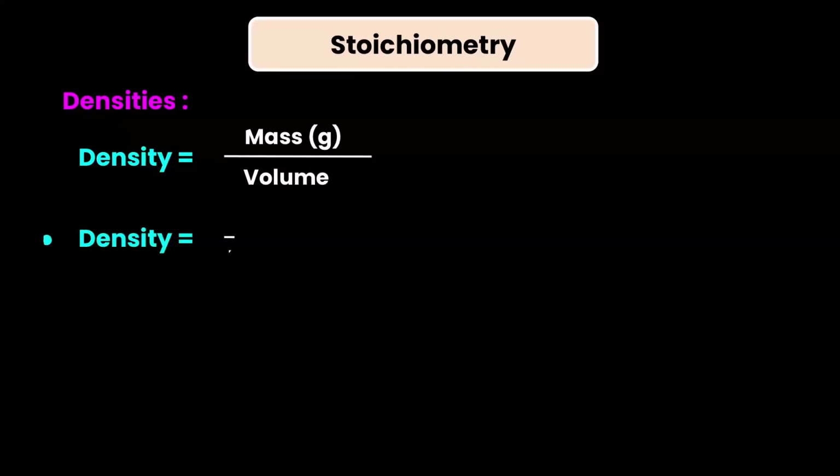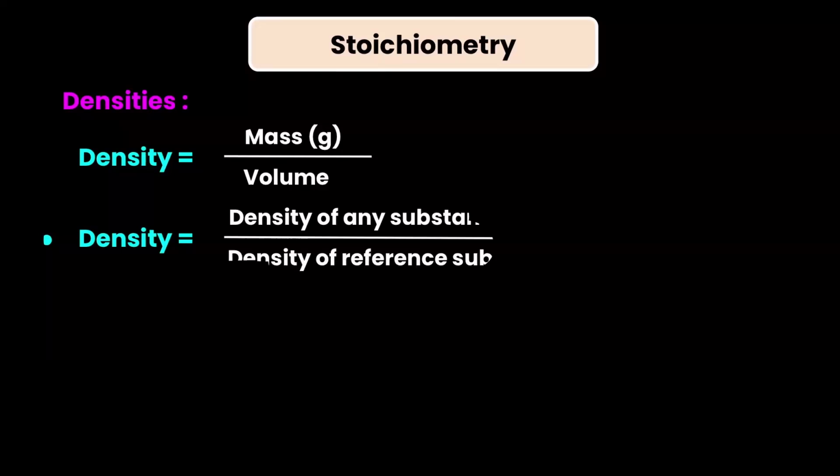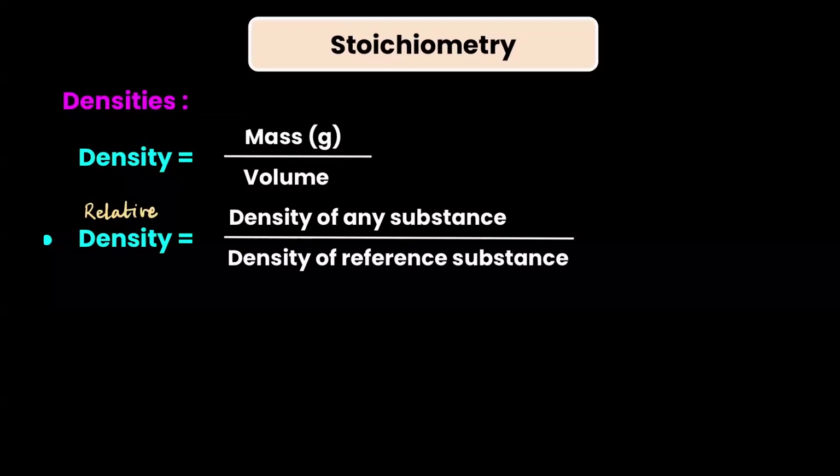Then the next term is the density of any substance with respect to the density of a reference substance. This is another way of representing density, which we usually use as relative density.